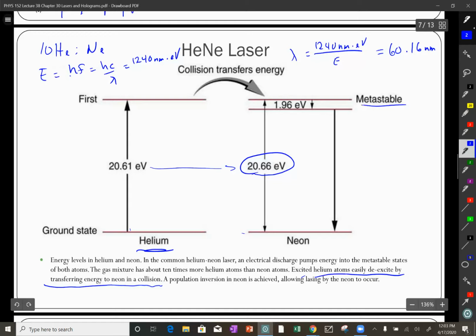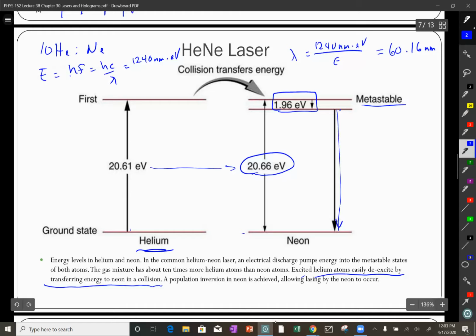But then the energy state of neon, this top one, this 20.66 electron volt energy state, is metastable. And so the neon atoms stay in that heightened energy state until something causes them to fall to a lower energy state. And they will fall down just 1.96 electron volts. And then they have a short life to the standard state, and they fall down the rest of the way.